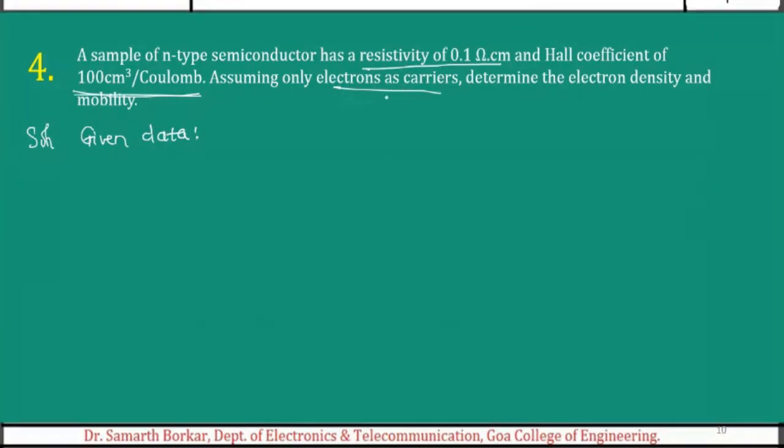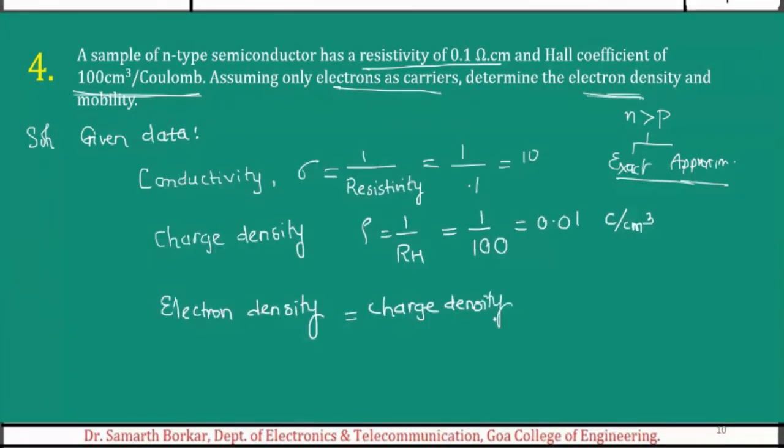If you recollect, we had seen one of the problems wherein the number of electrons n is very much greater than p, so we had taken two approaches: exact analysis and approximate analysis. I think in the last tutorial, and we ended up getting the same answer. Fine. So here resistivity is given. Determine the electron density, meaning the concentration, and the mobility.